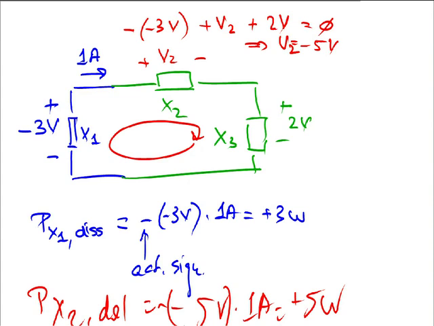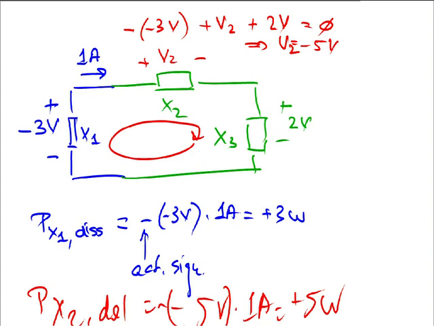For example, we sum up the power of all the components, what they dissipate. So let's say the first one, X1, dissipates 3 watts. Then the component X2 dissipates how much?